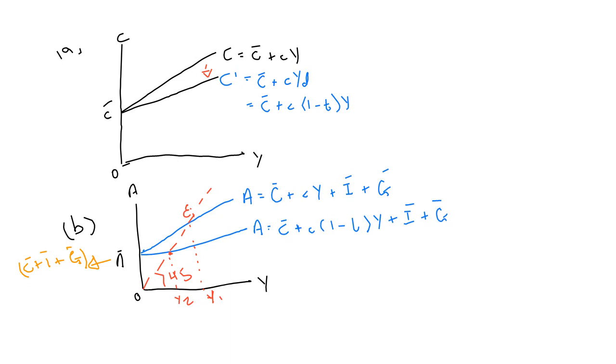Your income is equal to your aggregate spending, which is equal to your consumption plus your autonomous investment spending plus your autonomous government spending, right? And we realize that C in this case, which is your consumption function, now has your taxes involved as well, right?